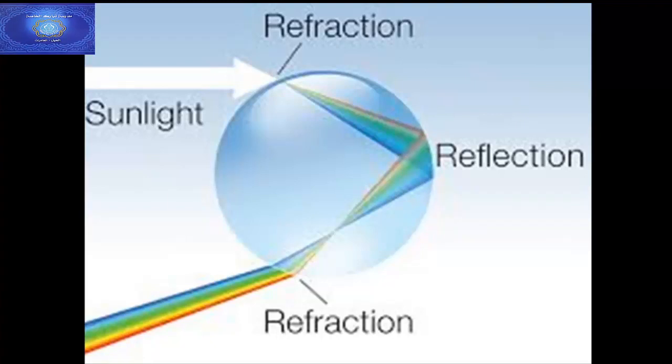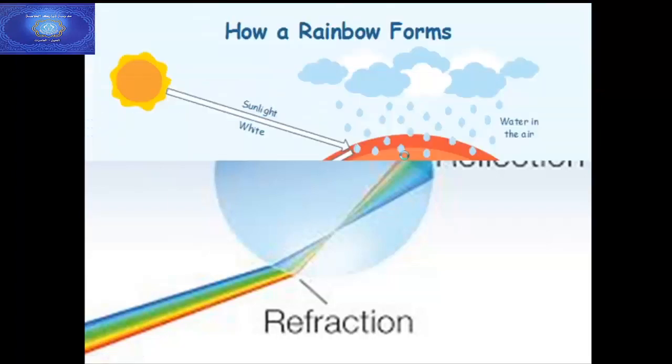In a rainbow, every raindrop acts as a tiny prism. Like Newton said, the prism analyzes the white light.